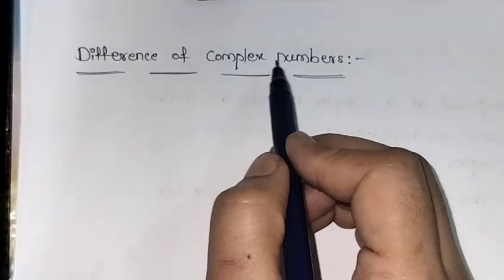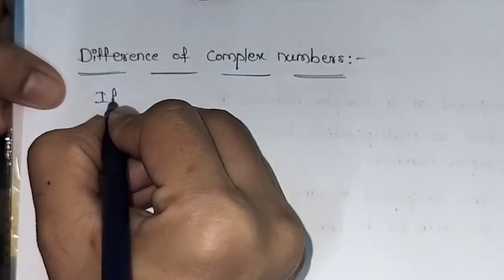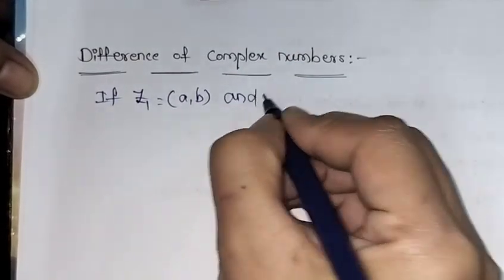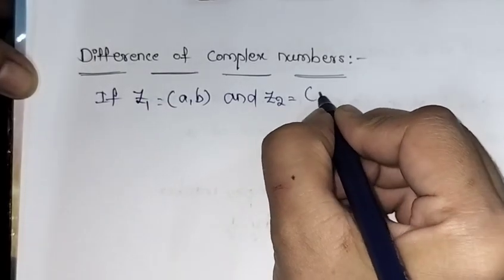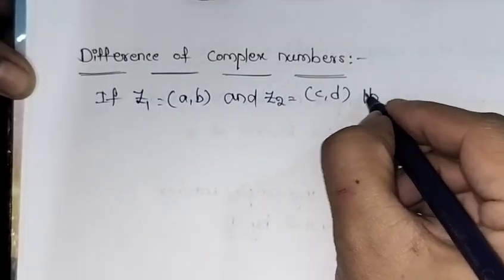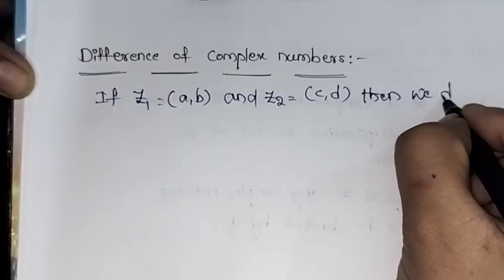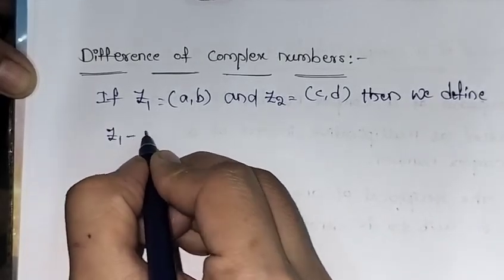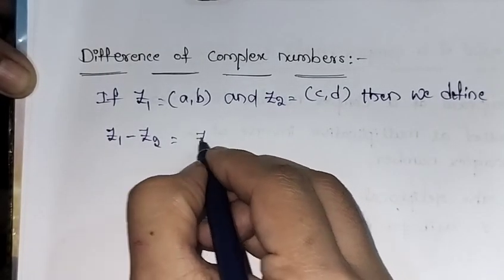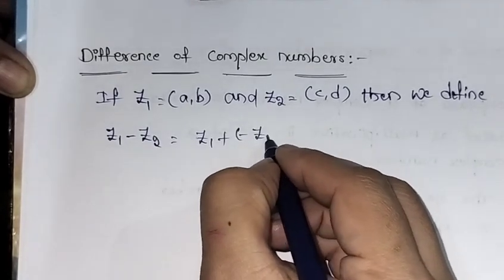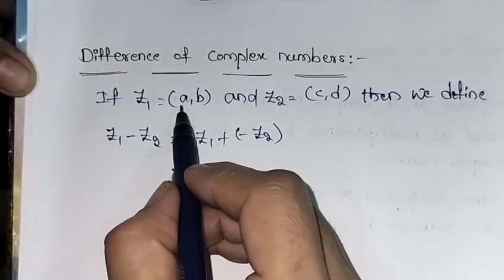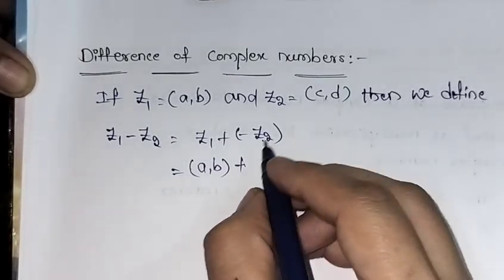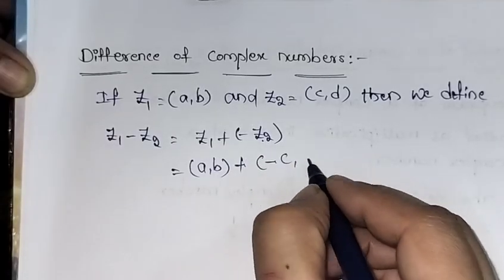Difference of complex numbers. If z1 is equal to (a, b) and z2 is equal to (c, d), then we define difference of complex numbers. z1 minus z2 is equal to z1 plus, you can write like this, minus z2. z1 is (a, b) plus, for z2 (c, d), you can apply with (minus c, minus d).